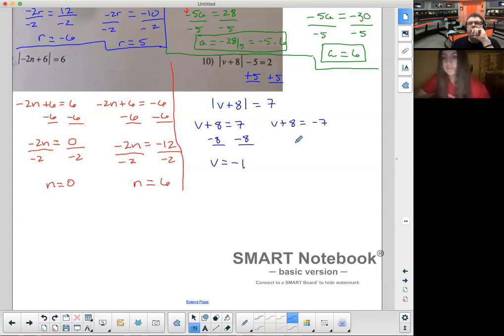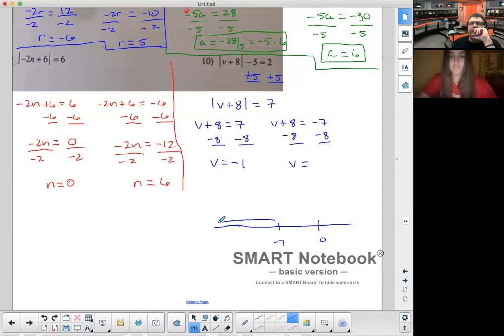And then we do the same thing. Minus 8, and then -7 minus 8. Here's another way to think about it. We start with -7, and if we subtract 8, that's like going left on the number line.